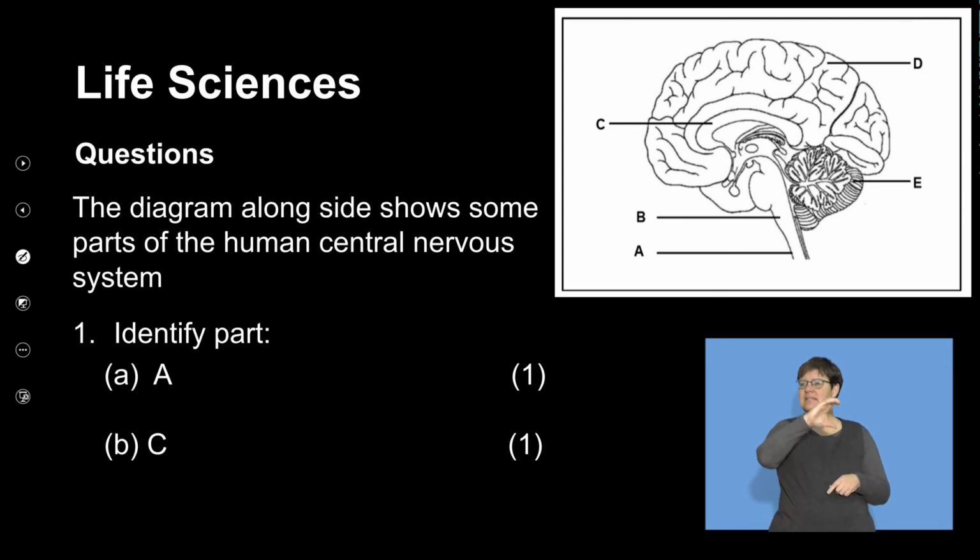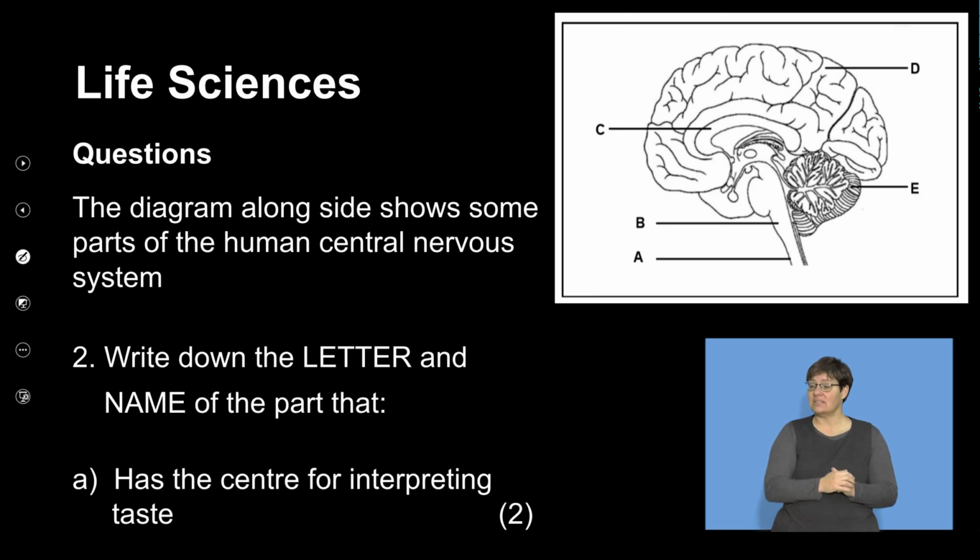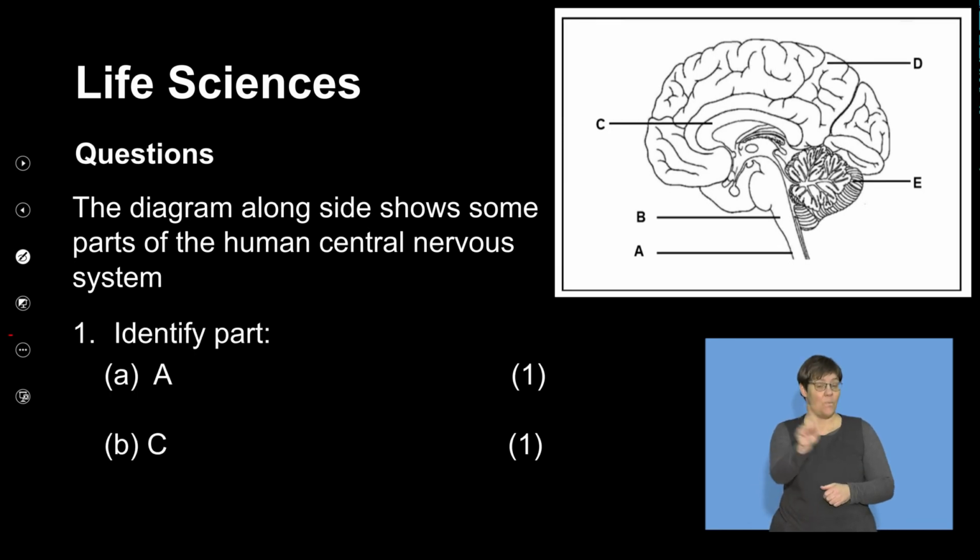So the first question says you have to identify A and C. Because we just dealt with it, you will tell me now what is A. If you got it right, your answer for A is the spinal cord. The answer for B, we look at B here, is the corpus callosum.